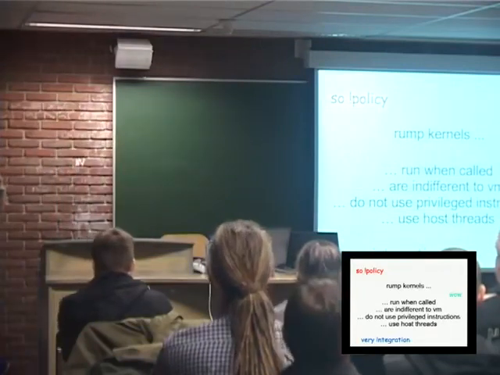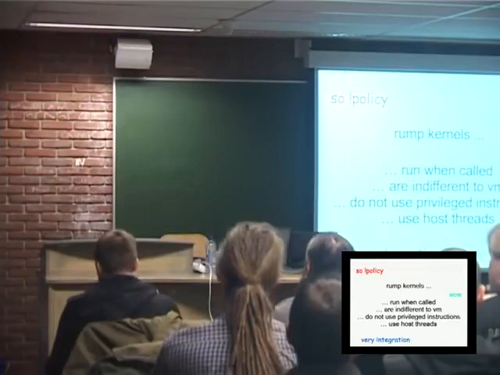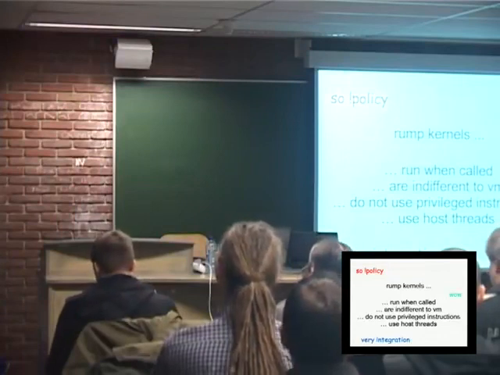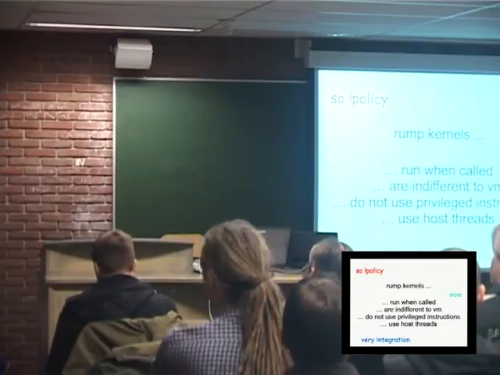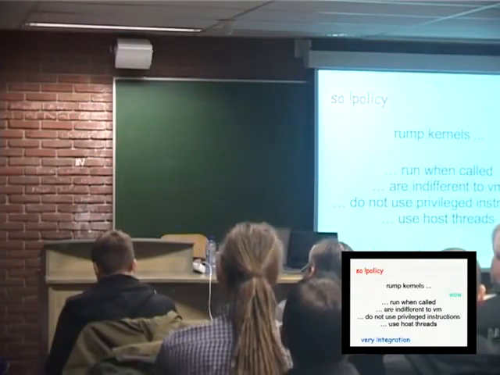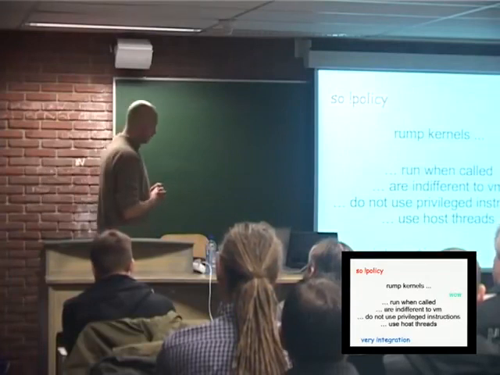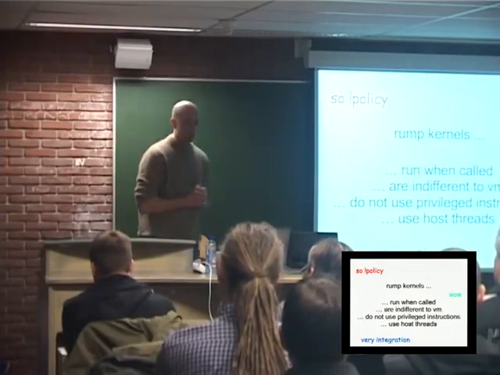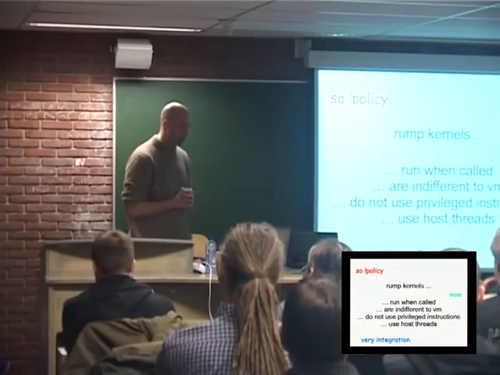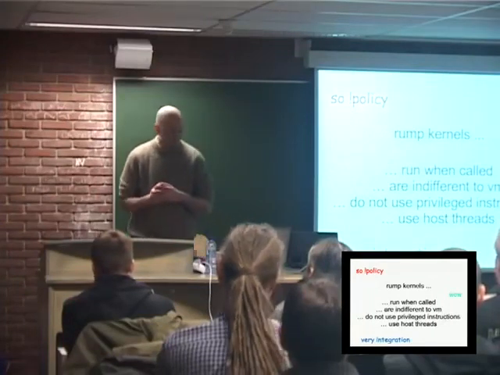So instead of having to start a virtual entity in which you create a process, you can directly call a Rump kernel from anywhere you run it. You don't need virtual memory, which is kind of important if you don't happen to have virtual memory on that platform.